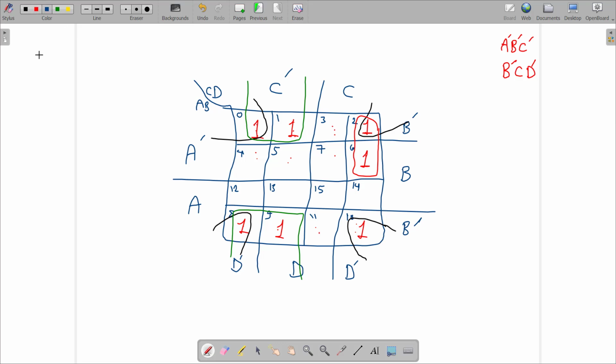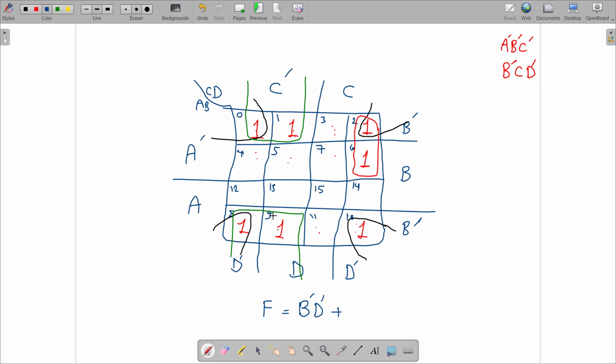Now, if I write F for these 4 ones, I can say that you can see D prime and B prime are constant. So I can write B prime, D prime.